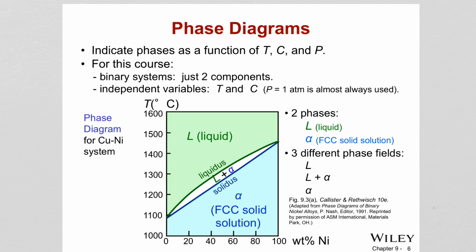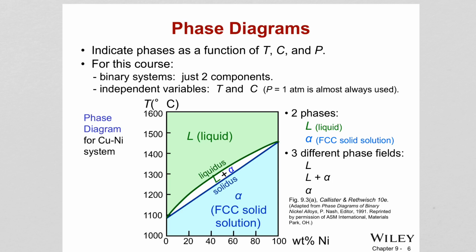In this case, it's a binary system, meaning we have just two components, copper and nickel. You can change the temperature and composition because they are not depending on each other.